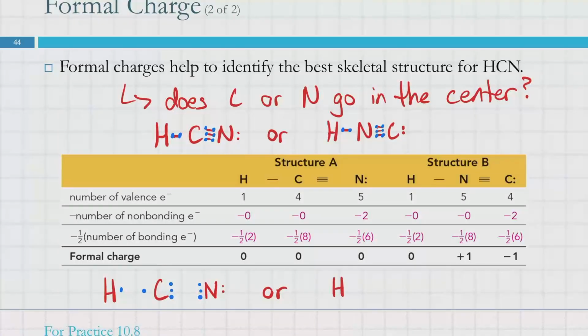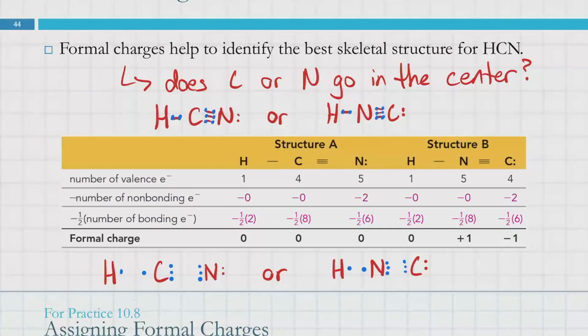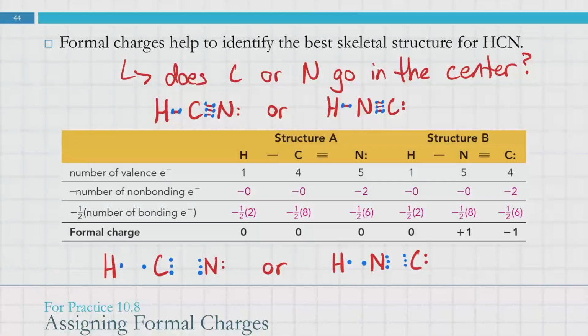Or the other option, where we've got nitrogen in the middle and carbon on the end. I like thinking of it in terms of cutting the bonds in half and counting those as the number of valence electrons rather than using the subtraction thing that's shown in the slides, but it's a matter of personal preference.